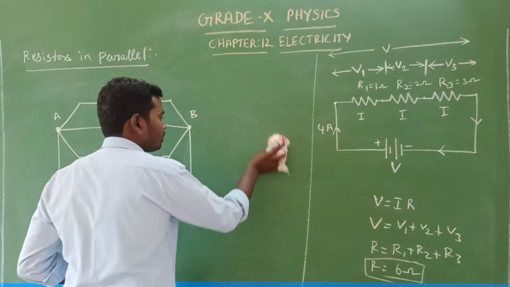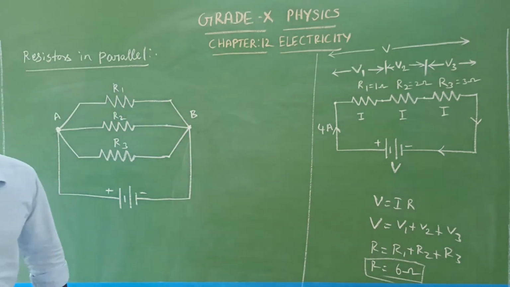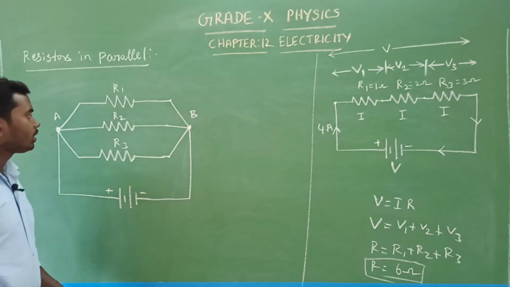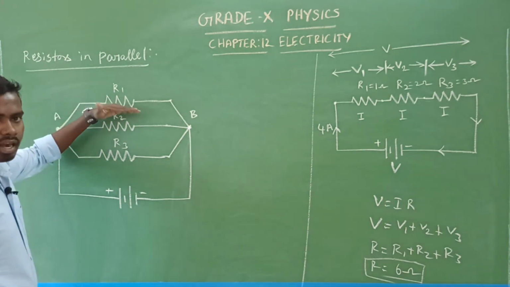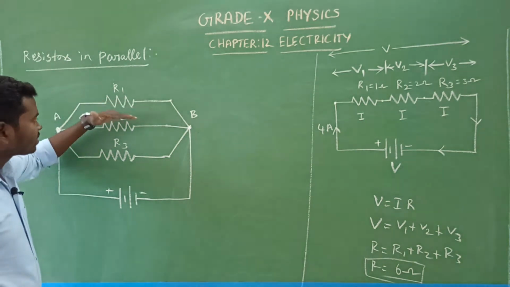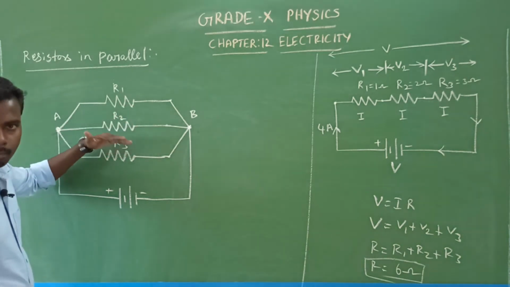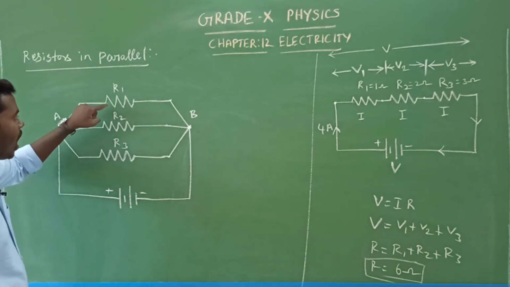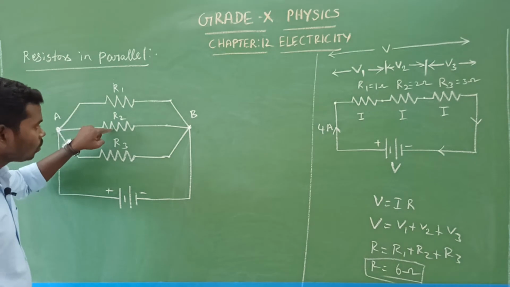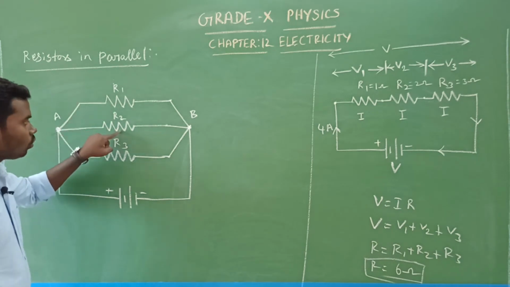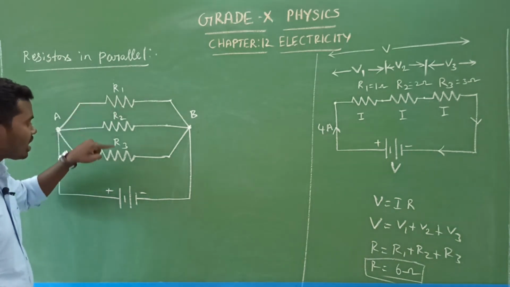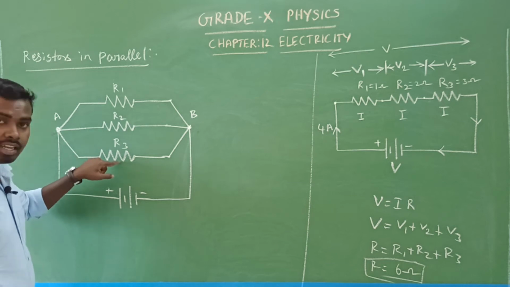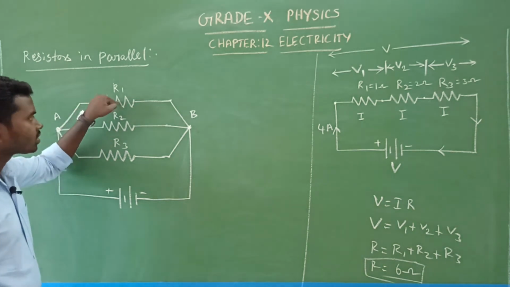The same procedure is happening here. Here one resistor is connected below one. Look here. The R1 resistor is parallel to R2 as well as R3. The R2 resistor is parallel to R1 as well as R3. The R3 resistor is parallel to R2 as well as R1.